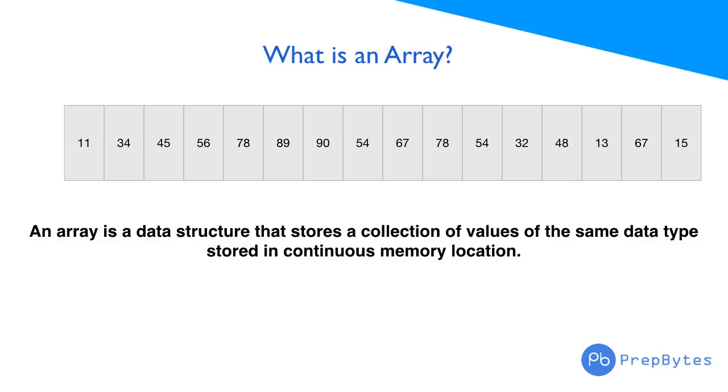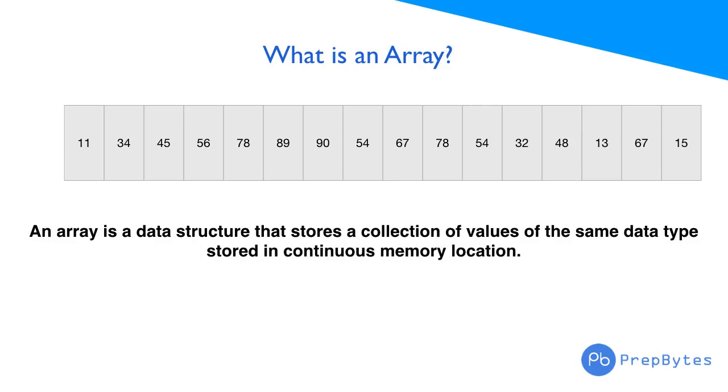So let's say if one particular element is stored at address 1 and the second is stored at address 2, then the third has to be stored at address 3, 4, 5, 6, like this. Or for that matter, if the first element is stored at address 1001, the second has to be stored at 1002, the third has to be stored at 1003.